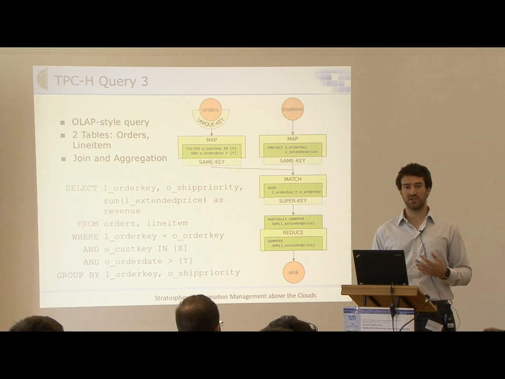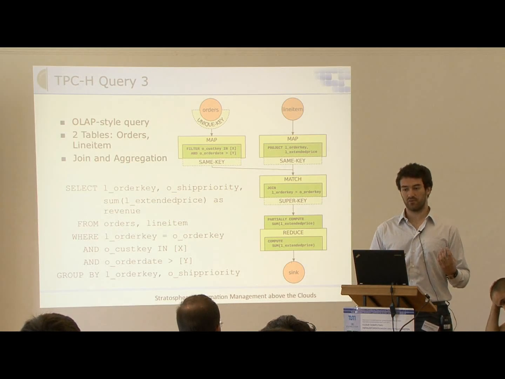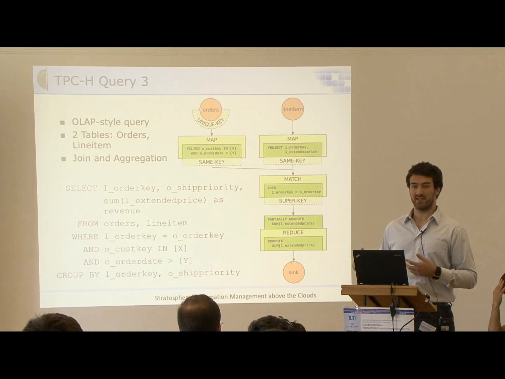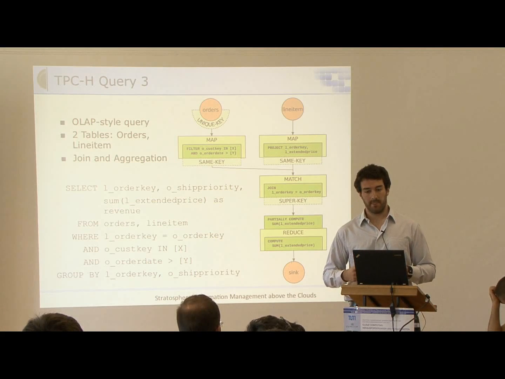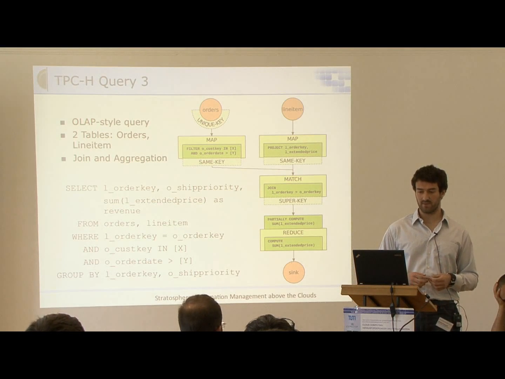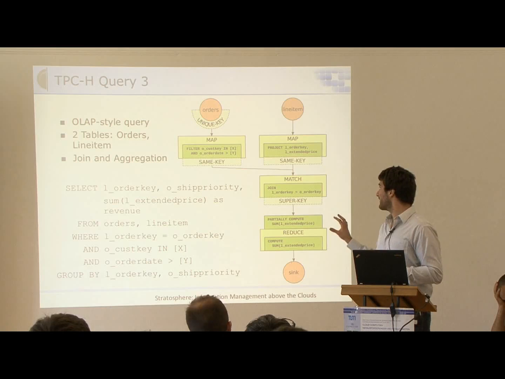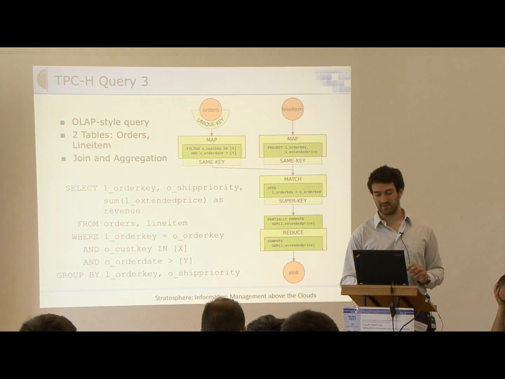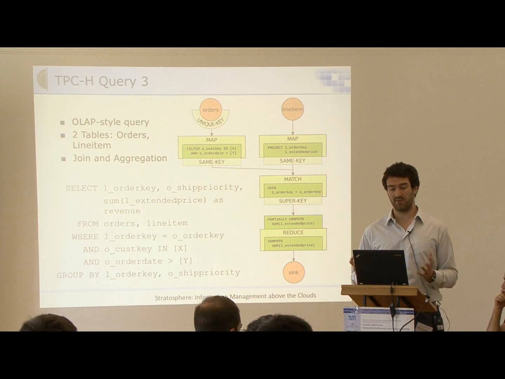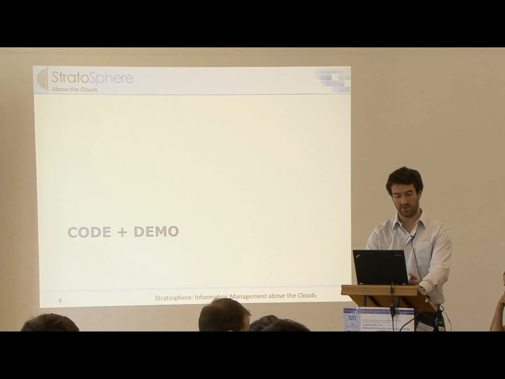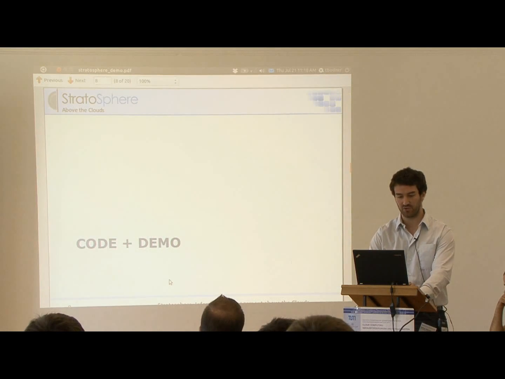One is just doing your join, may it be map-side join or reduce-side join, and the other one is then doing the aggregation and calculating the sum. So we represent all of this within one plan and can now do some optimizations on it. I want to show you some of those which we can do in the demo. But before, I also want to show you some code.